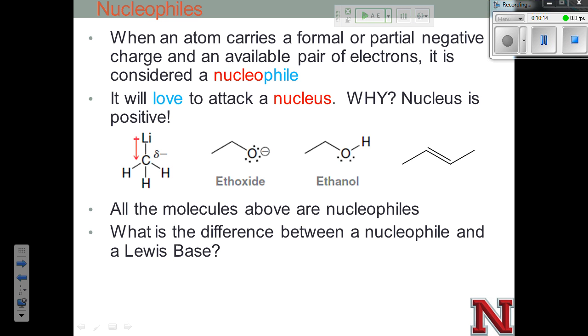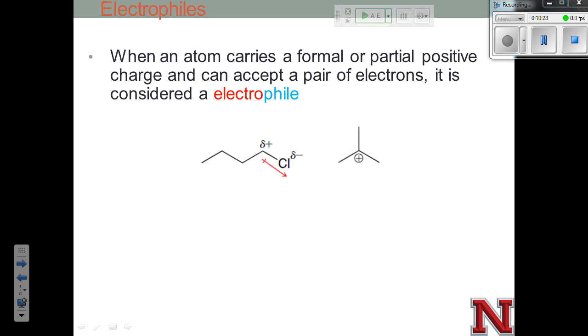Now note, just because a molecule has an electron source doesn't mean it can't also act as an electrophile. So I'll go back to that in a second. An electrophile is a place that wants electrons. Electrophile means electron loving. It doesn't have enough electrons, it wants more.